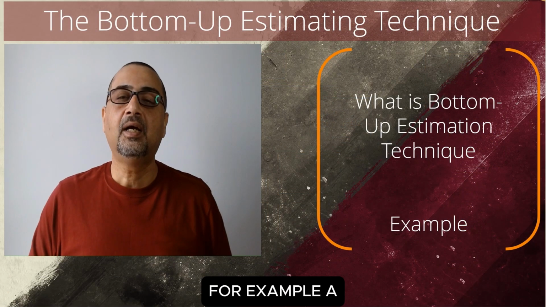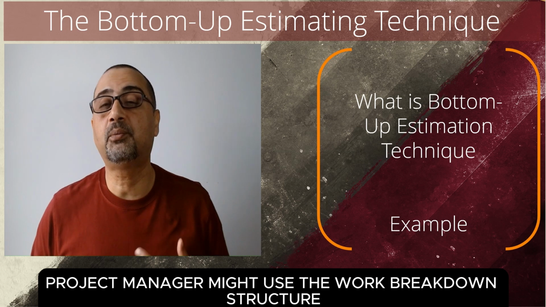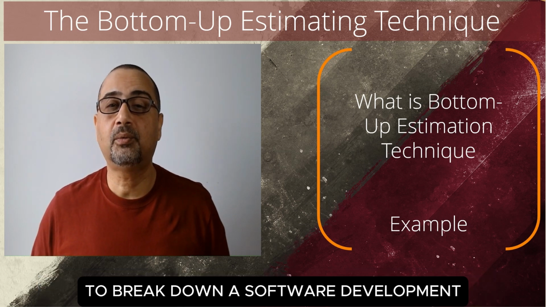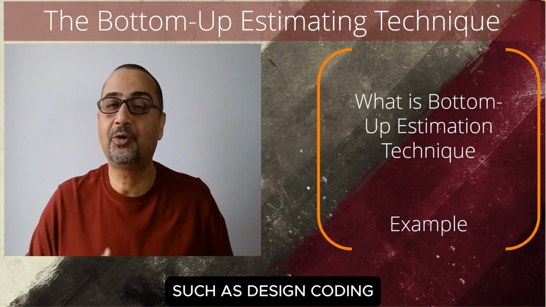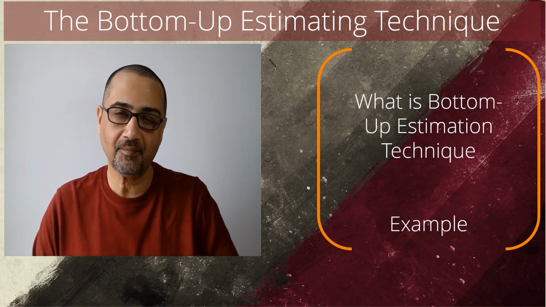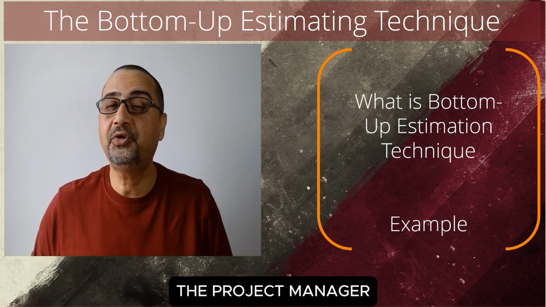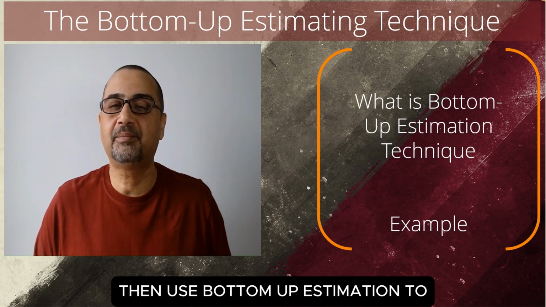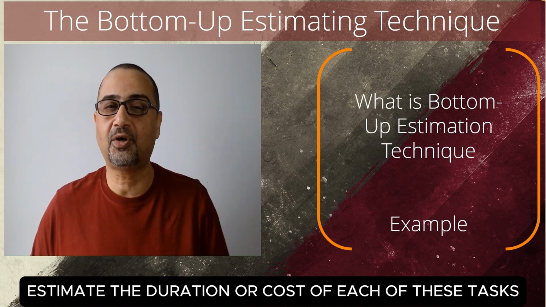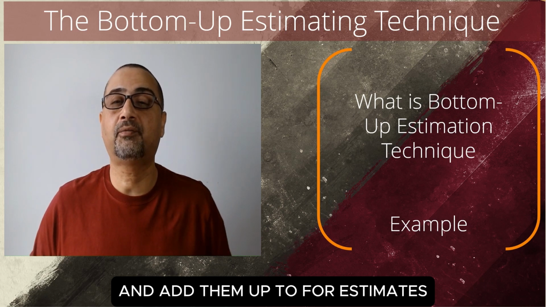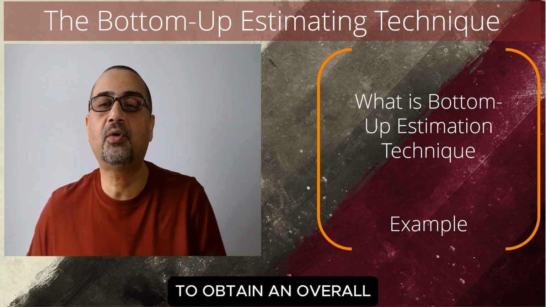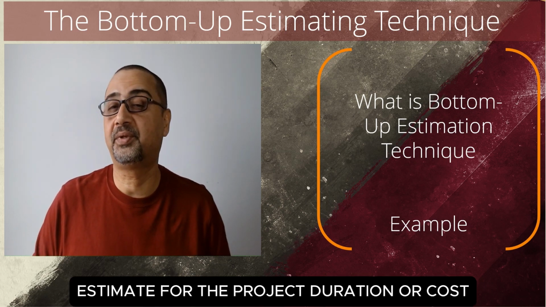For example, a project manager might use the work breakdown structure to break down a software development project into smaller tasks such as design, coding, testing, and deployment. The project manager could then use bottom-up estimation to estimate the duration or cost of each of these tasks and add them up to obtain an overall estimate for the project duration or cost.